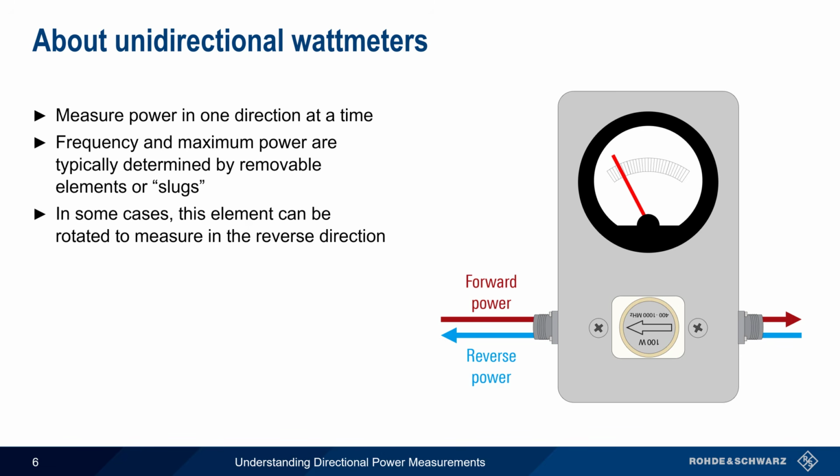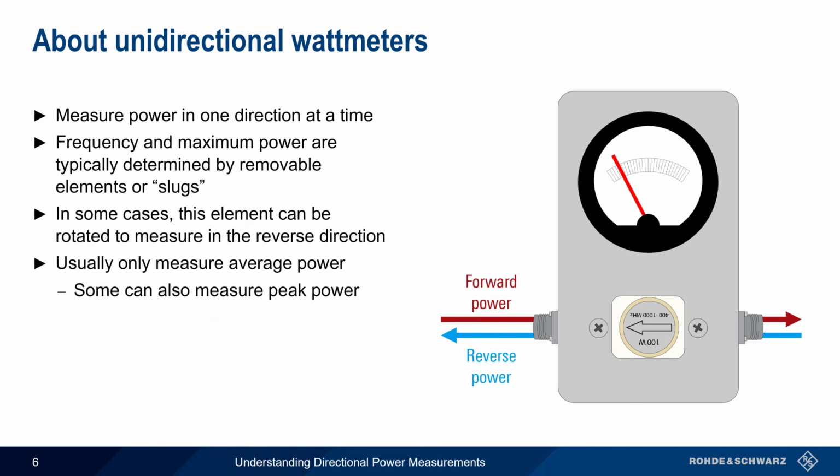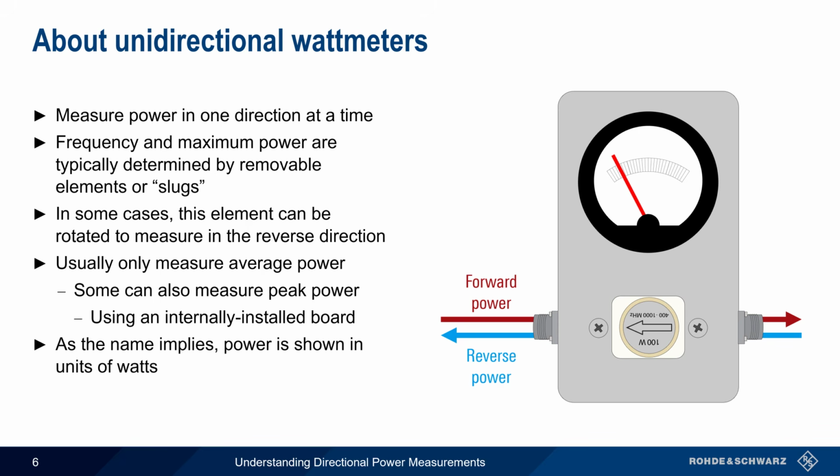However, most of these wattmeters only measure average power, although there are some meters that can also measure peak power, often by means of an additional internally installed board. One of the reasons why these devices are called wattmeters is that they display power in units of watts.